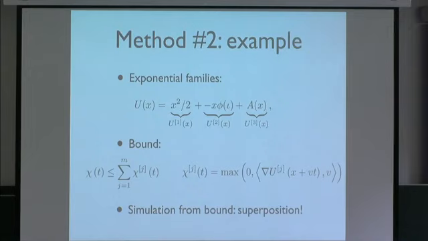Okay, so Poisson superposition. More precisely, if we look at the bound for this whole object, it will be basically a max of a sum. So what we're going to do is invert the order of the sum and the max. So we get a bound where each of these takes the form of my original problem as if there were only one term here. And so now it turns out that each of these is convex.